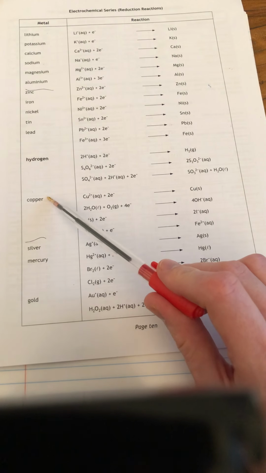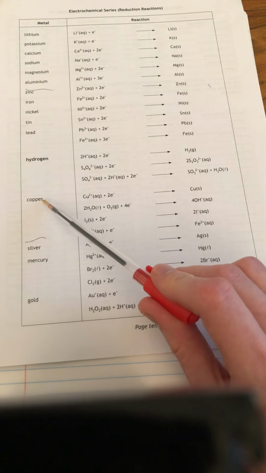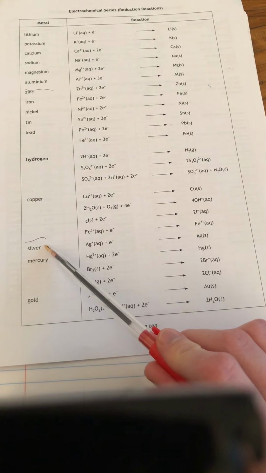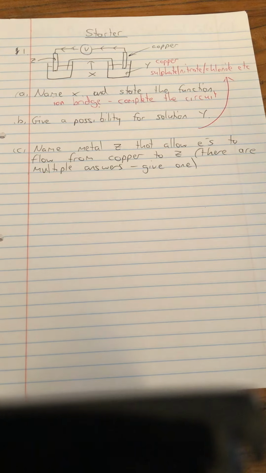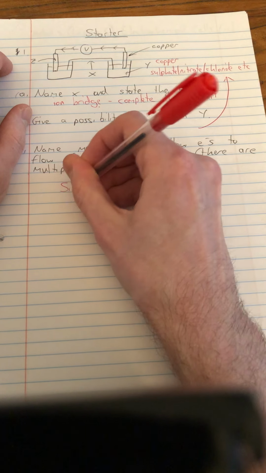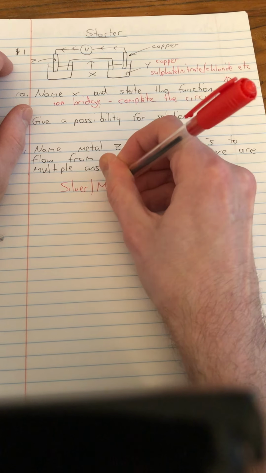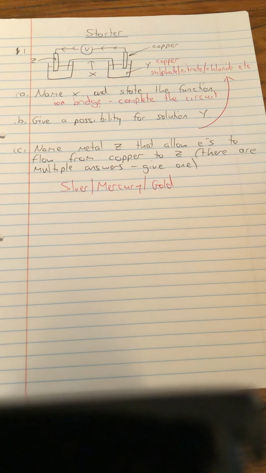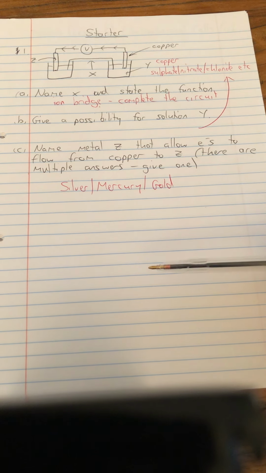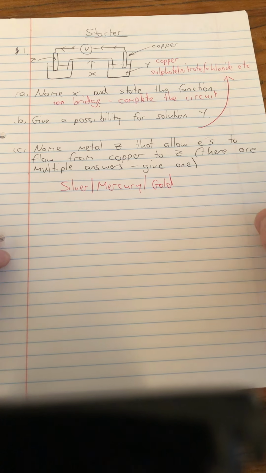So if copper's the higher metal, the other metal, metal Z, must be silver, mercury or gold. So our answer would be silver, mercury or gold. Remember, the electrons flow from the metal higher up to the metal that's lower down.